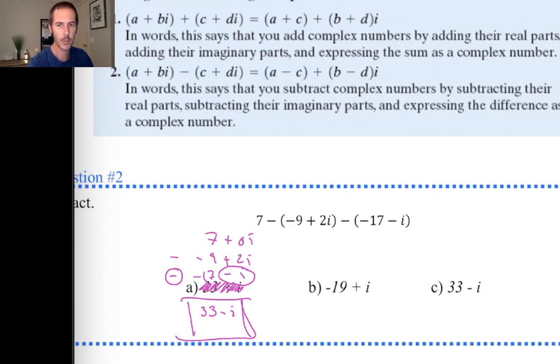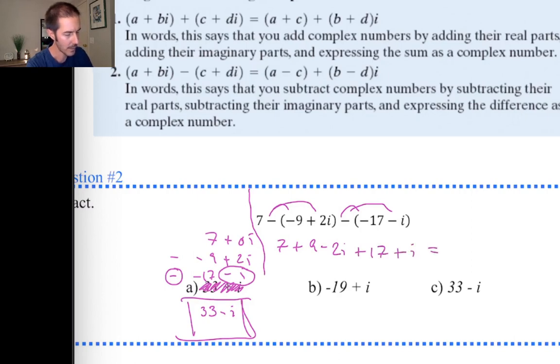The other way would be a technique that's probably more instinctual for you, which would be to distribute this minus sign and distribute this minus sign and then combine like terms. So that would be 7 plus 9 minus 2i plus 17 plus i.